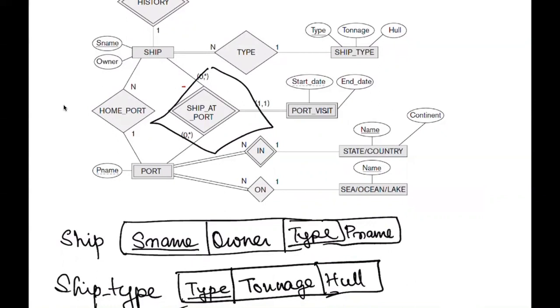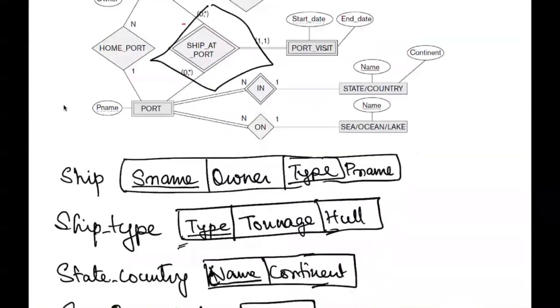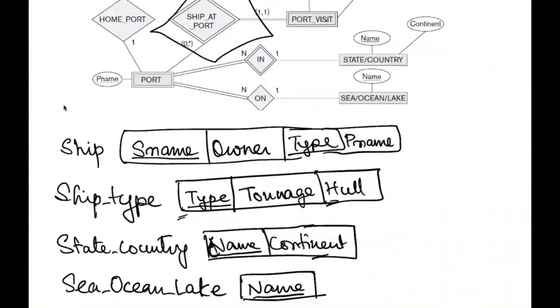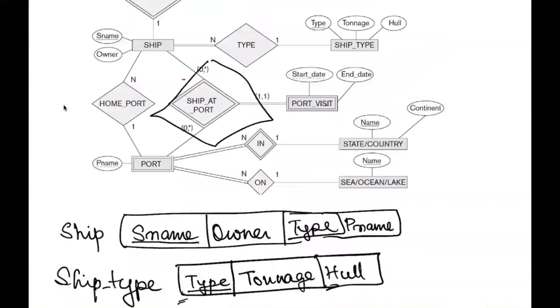Okay, so for a ternary relation, what do we do? The mapping algorithm says that you create a new relation. One option is to create a new relation and put in it all the primary keys of all the participating entities.